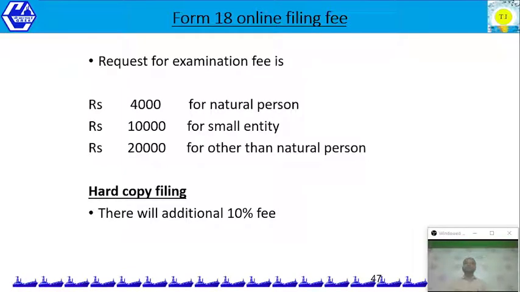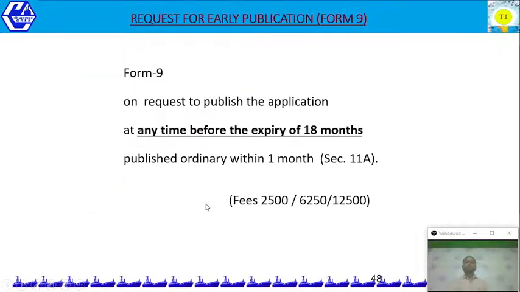Request for examination. You can fill Form 18 online and request for examination. For request for examination, the fee is 4000 for a natural person, 10,000 for a small entity, 20,000 for others. If you go for hard copy filing, then you have to bear 10% additional fee.